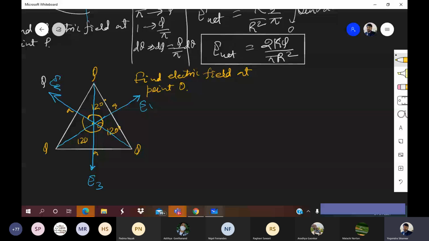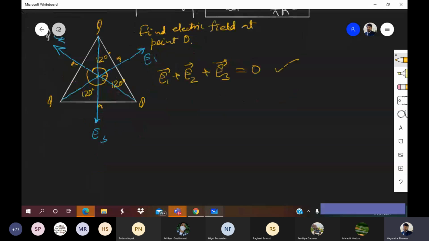So these three vectors are equal in magnitude and distributed symmetrically at an angle of 120 degrees. If you find the resultant of these three, E1 vector plus E2 vector plus E3 vector, that will be 0. So your answer is absolutely correct.